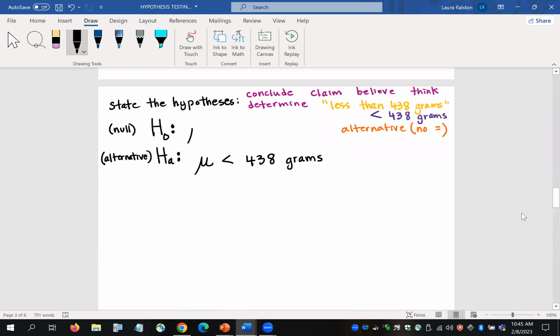It is the population mean is greater than or equal to 438 grams. Now, just as a side note, I'm going to mark this. This was the one that was given in the problem. You have to figure out the null for yourself, but it's not difficult to do. It is the exact opposite of the alternative. So there's our hypotheses.